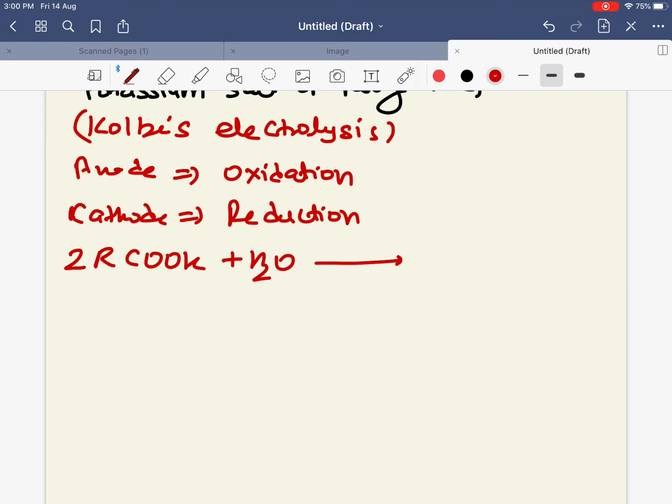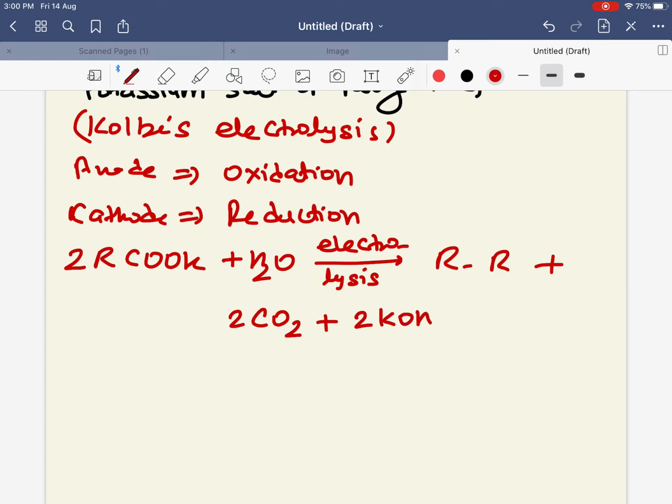That process is known as the electrolysis process. So we'll get a higher alkane R-R plus carbon dioxide gas, alkali, in that case potassium hydroxide since potassium is used, plus evolution of hydrogen gas.